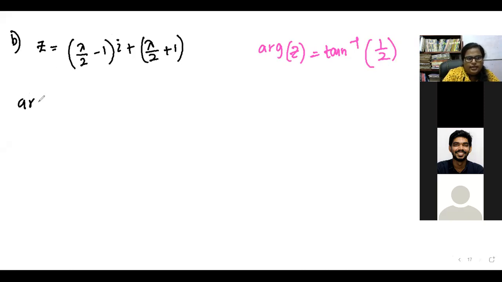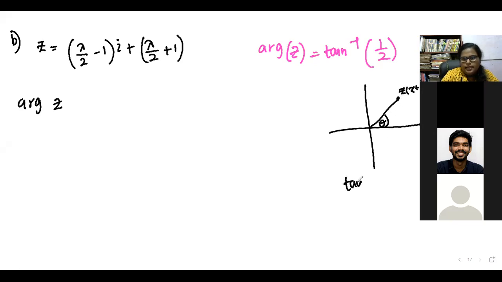Arg z, you know that when you are taking the diagram, when I'm taking the common value like x plus iy, so we can take this theta by tan theta can be written as the length is y, this length is x. So you have to take y over x for this tan theta.